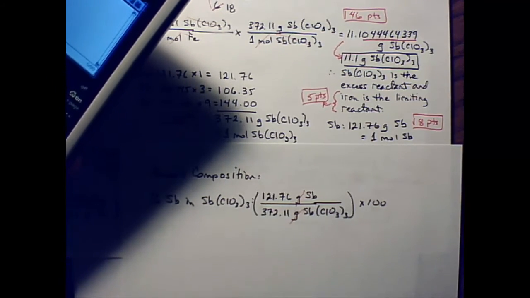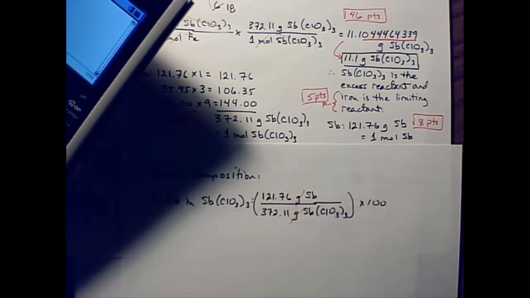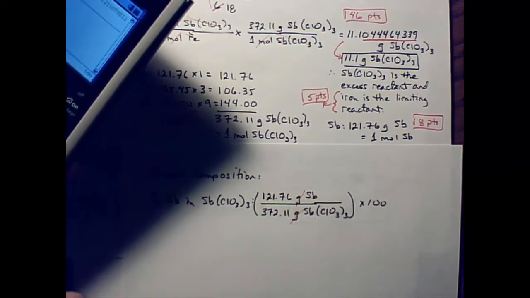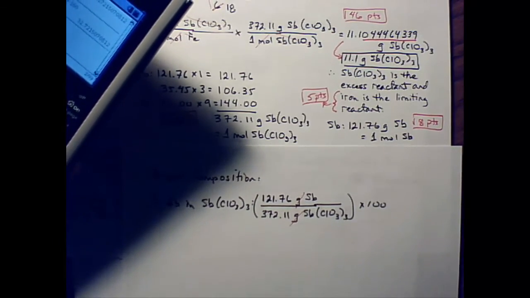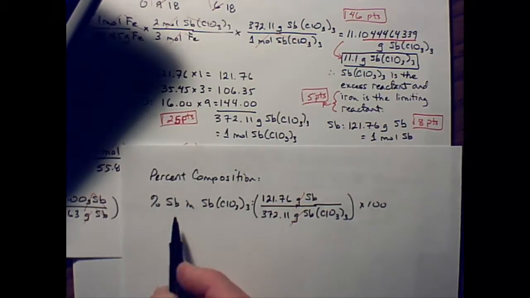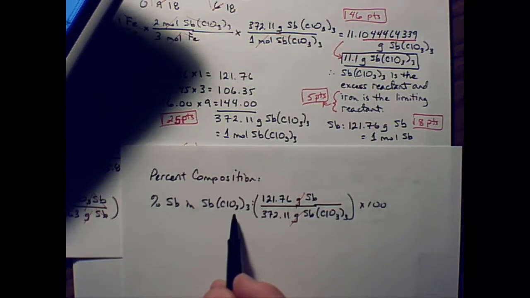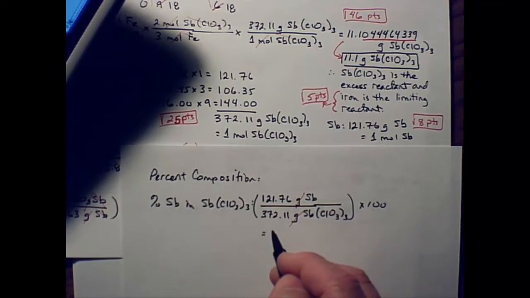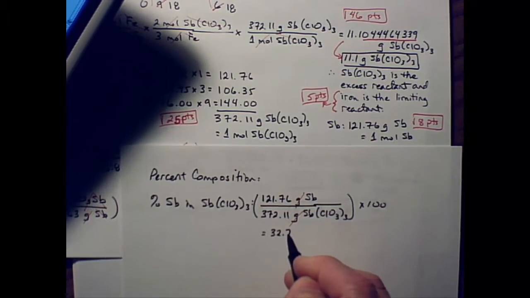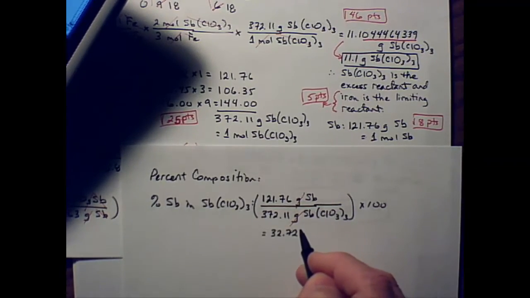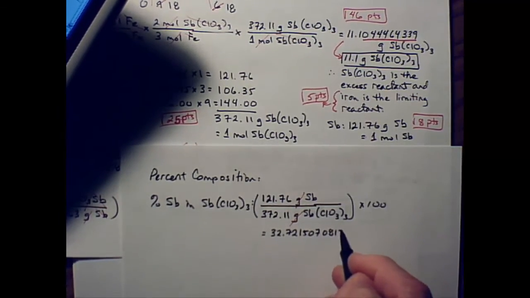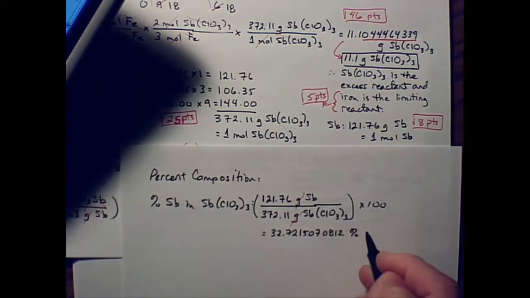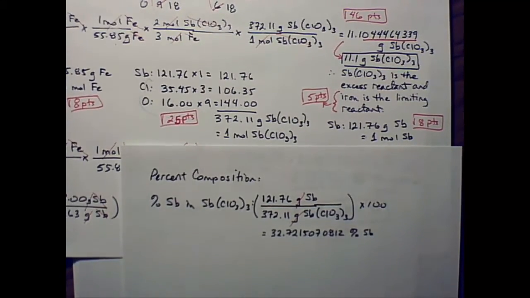121.76 divided by 372.11. Enter, multiply by 100, and I get the percent of antimony contributing to the total mass of antimony 3-chlorate: 32.7215070812% antimony.